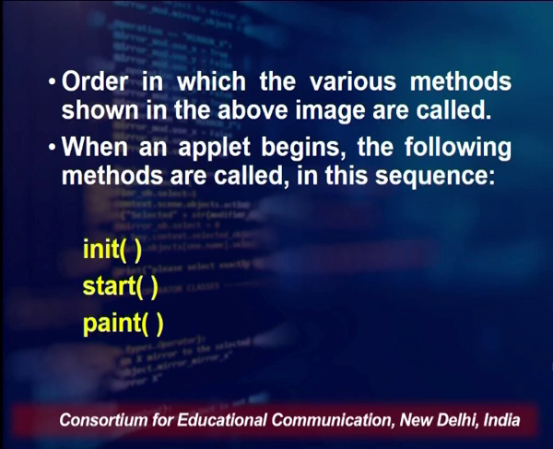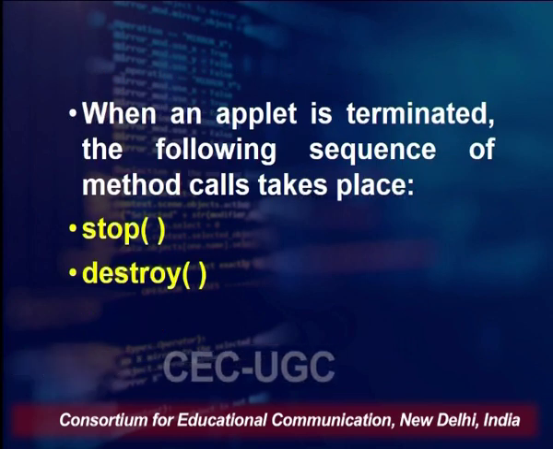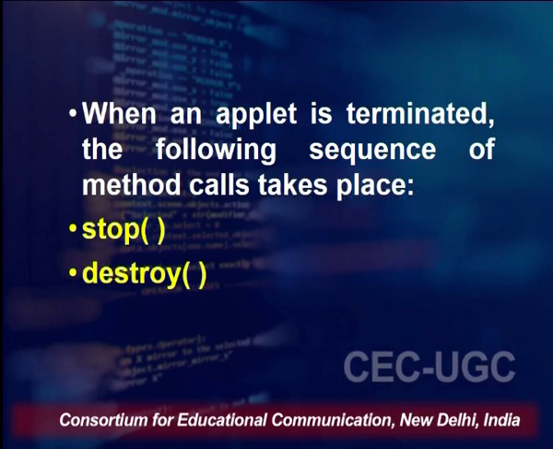Now, in the life cycle we have seen some of the methods. When an applet begins, these methods are called in this particular sequence: init, start and paint. As I have told you, in the starting or growing phase this will be the sequence, and when your applet is going to have an end, the following sequence of method calls takes place: first stop and then destroy.